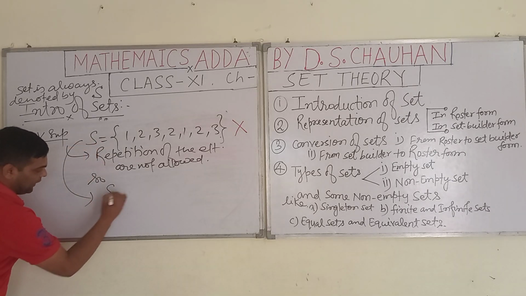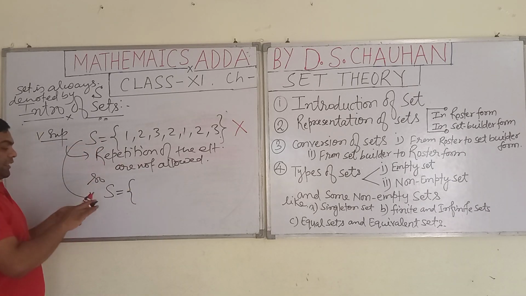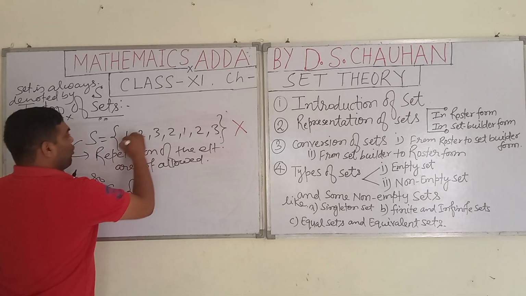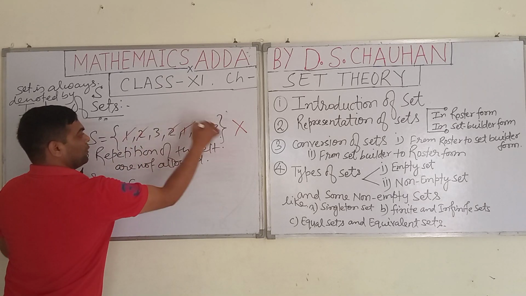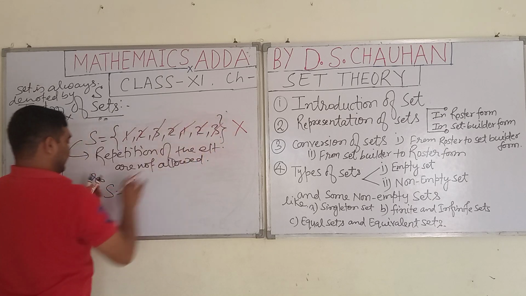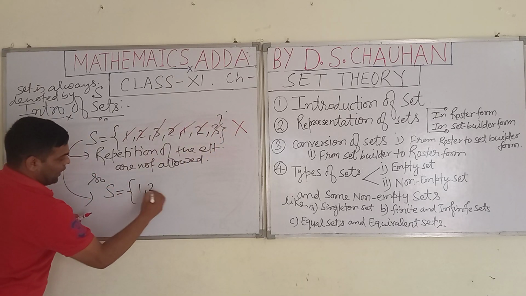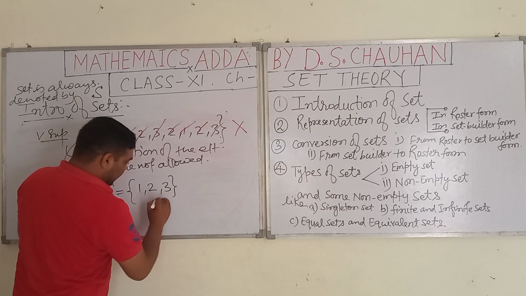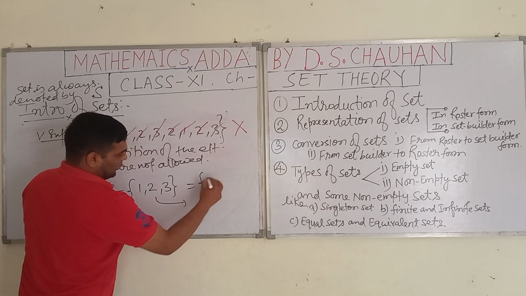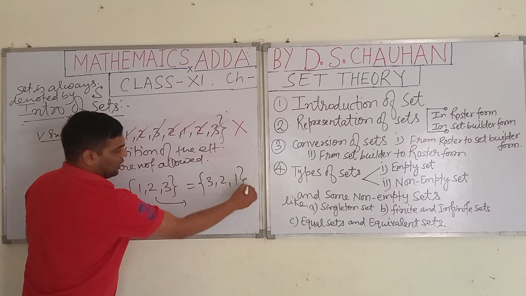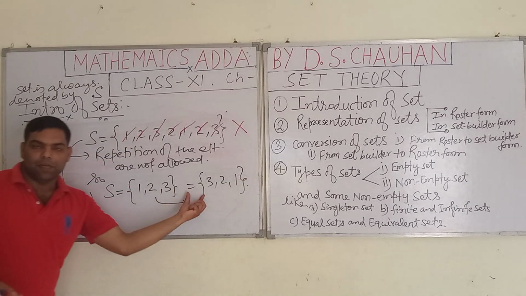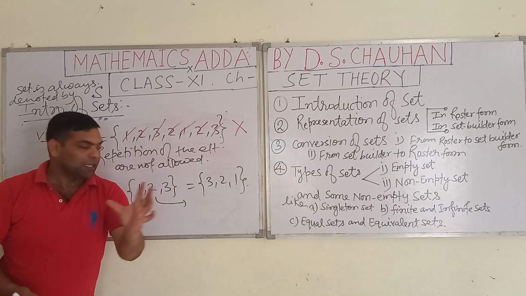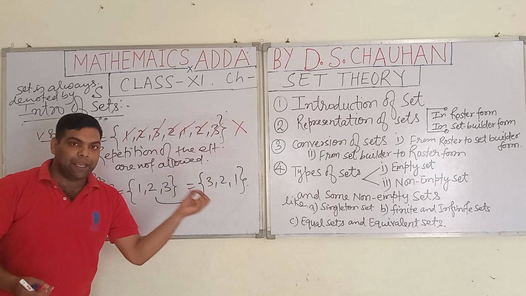The correct way: here are 3 types of entries, 1, 2 and 3. So what you will get here? 1, 2, 3. If someone is writing the same set in this way, 3, 2, 1, are both sets the same? Your answer will be yes, both sets will be the same.